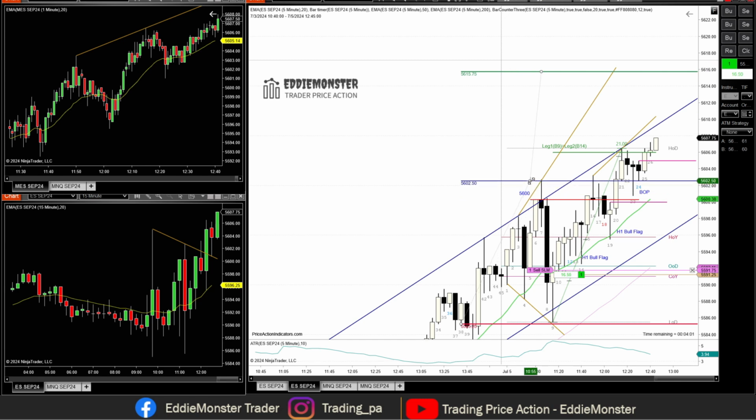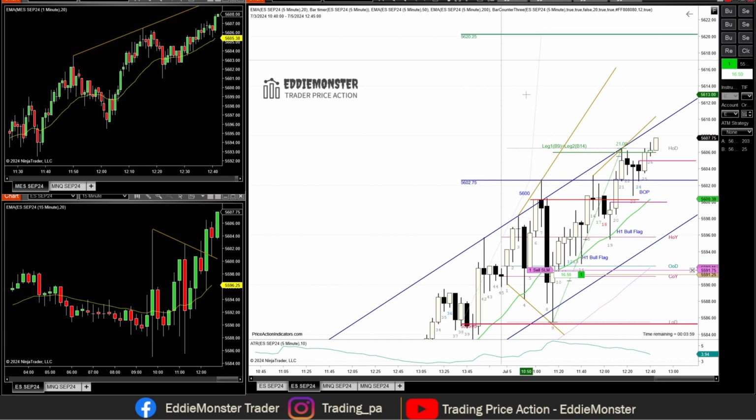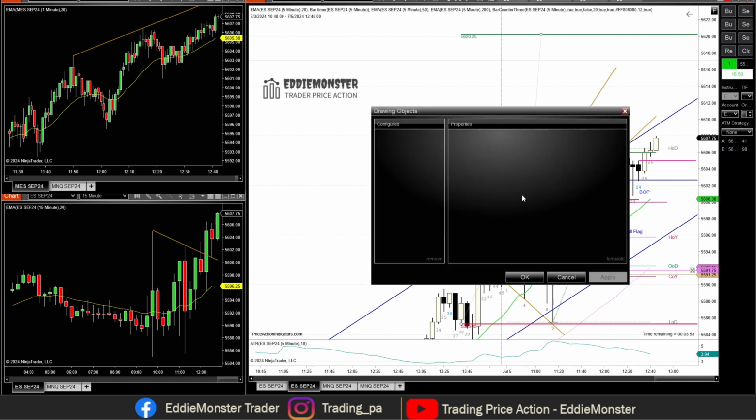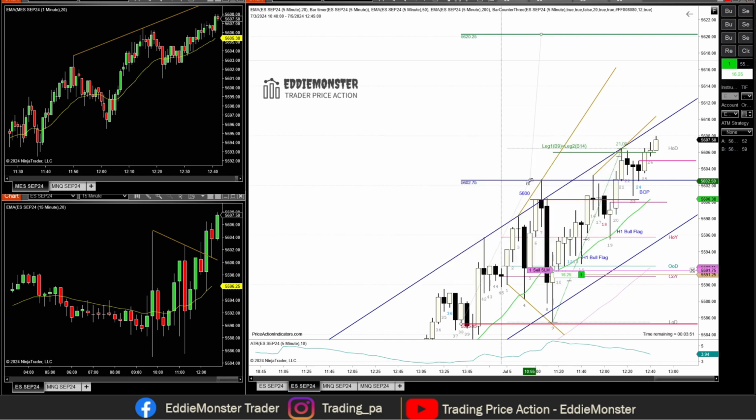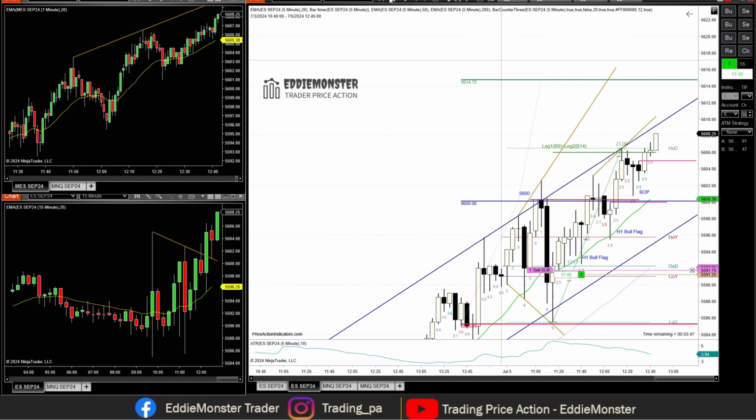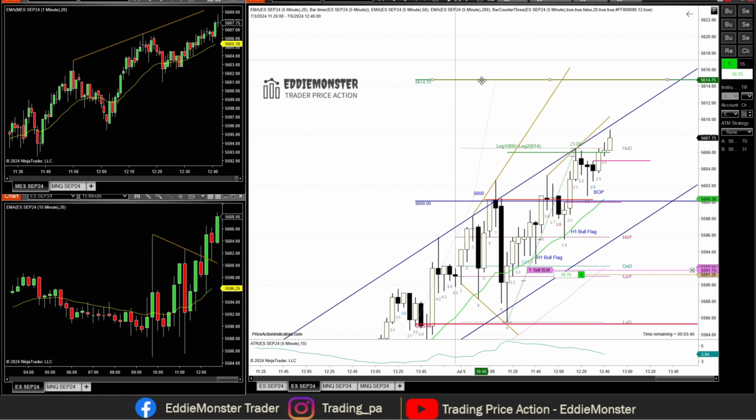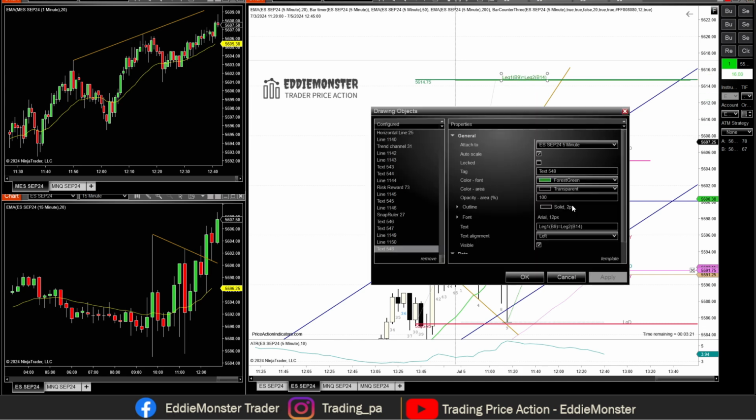I'll take the leg for the potential, but 5, 6, 15 will also be a good target, thinking on that gap, right? So let's mark here. Target work done.